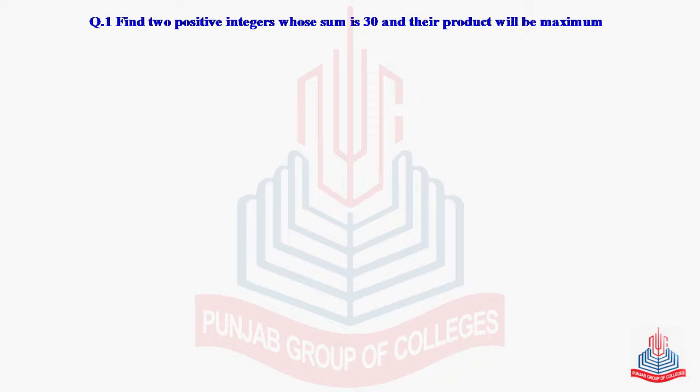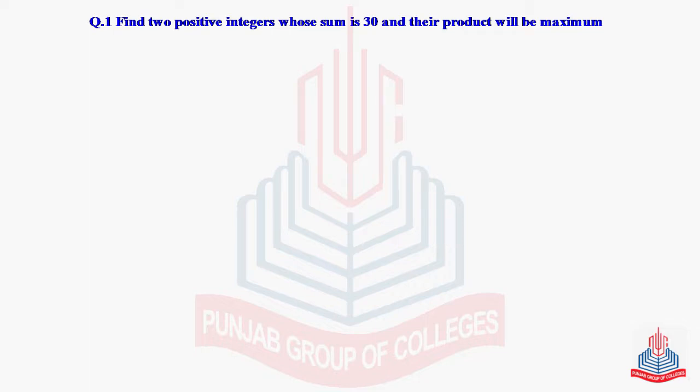So the first problem is we have to find two positive integers whose sum is 30 and their product will be maximum. We have to choose such two positive integers which make the sum 30 and the product should be maximum.